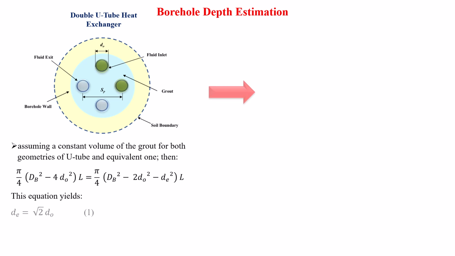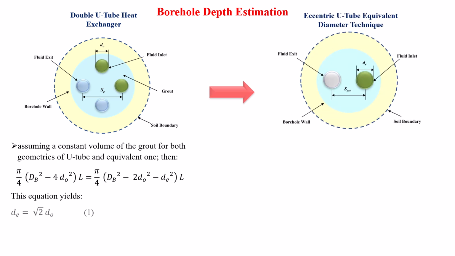Now, let us transform this geometry to an equivalent one as shown in this figure. Then we have the inlet part, which is represented by the green, and the exit part, which is represented by the blue.